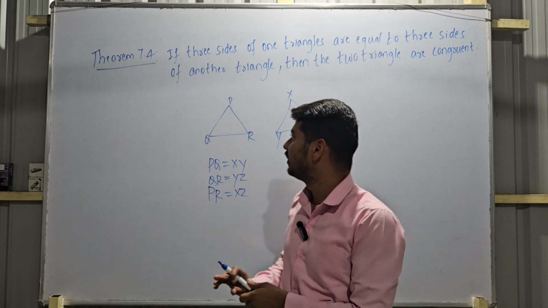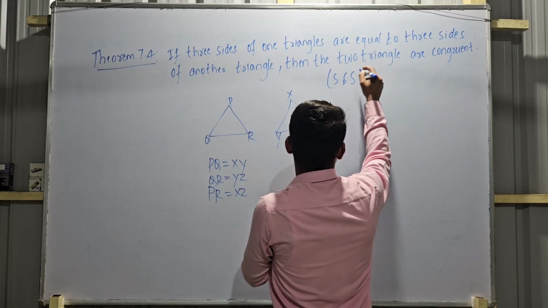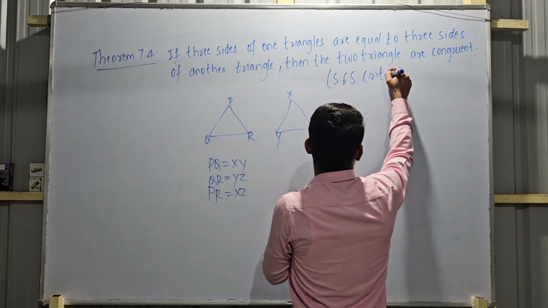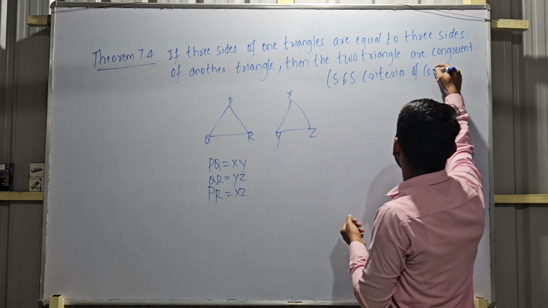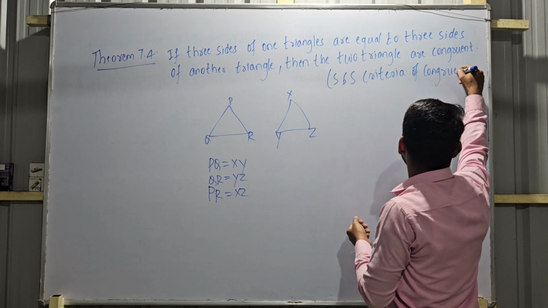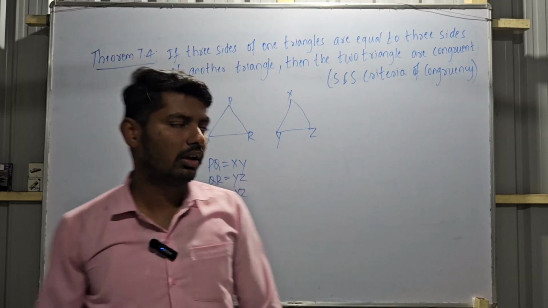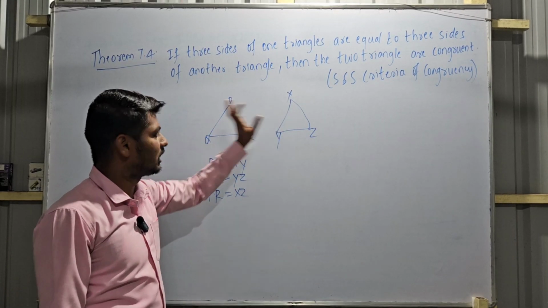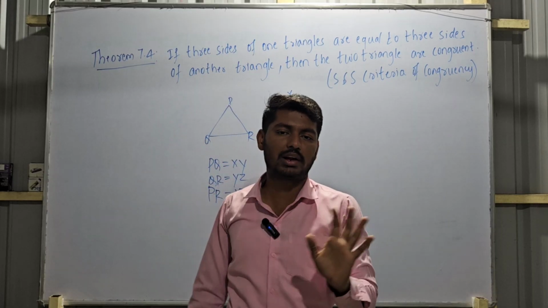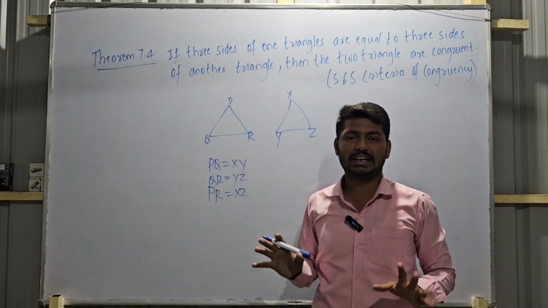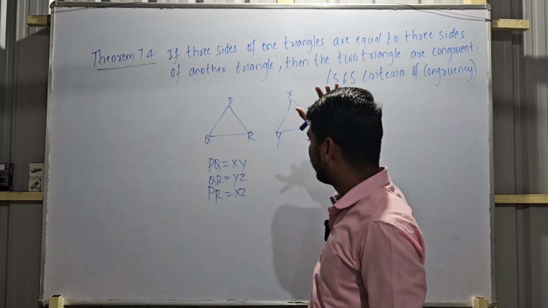This statement is called the SSS criteria of congruency. So two triangles are congruent if all three sides of one triangle are equal to all three sides of another triangle.